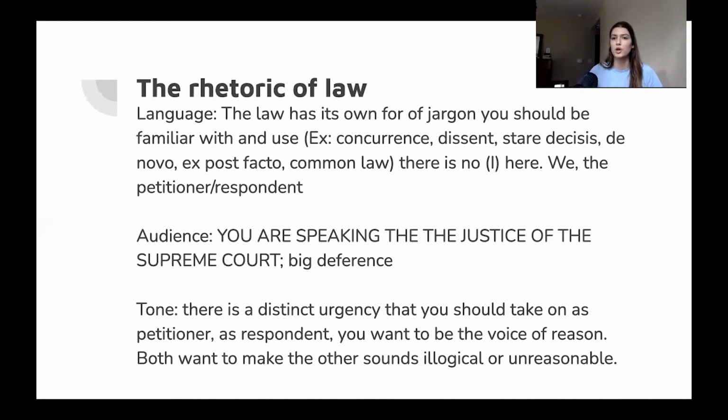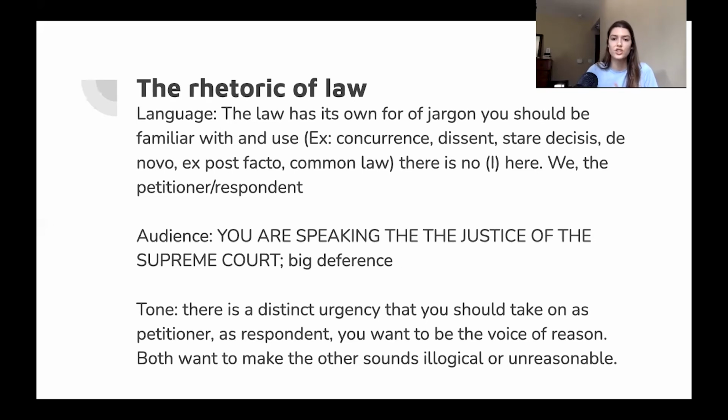So the tone of your argument is distinct for both petitioner and respondent. When you're arguing respondent, you're usually the government in our AMCA cases. So you want to be the voice of reason as the respondent, as the government. Basically, you're going to try to beef up how your governmental interest sounds, and then say that this is a logical or reasonable application of the law of this interest.